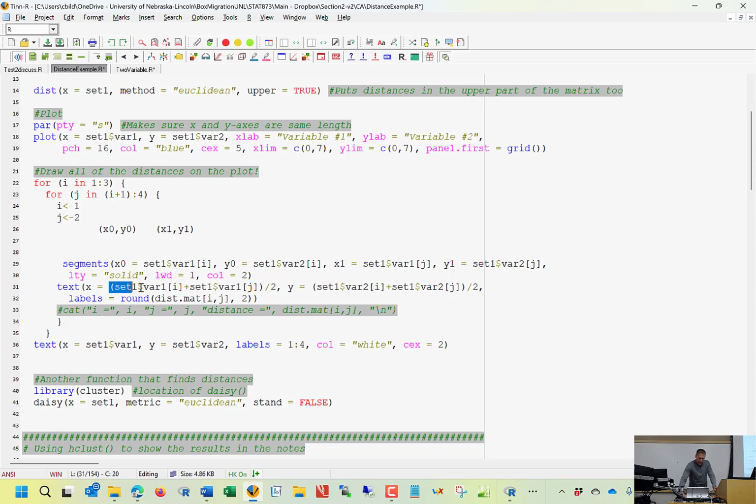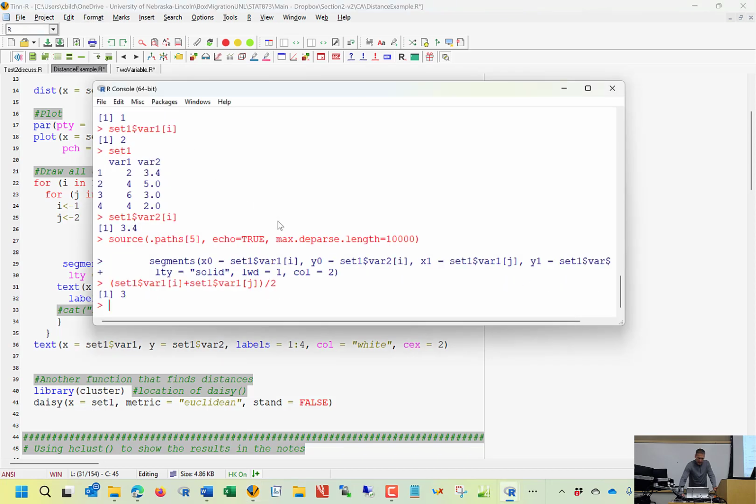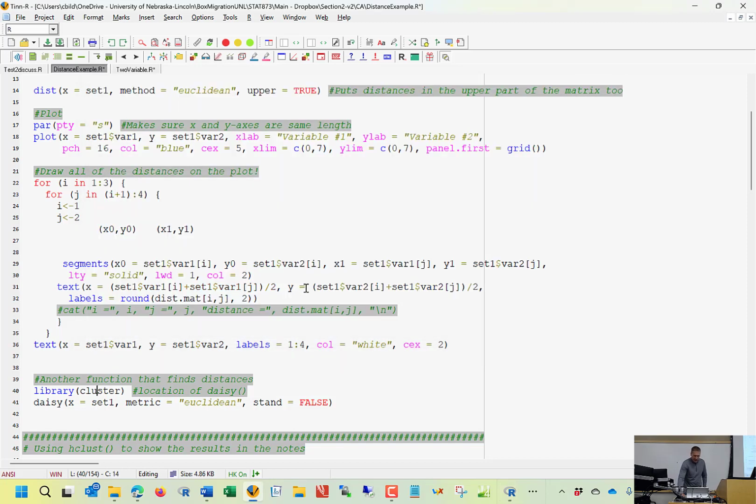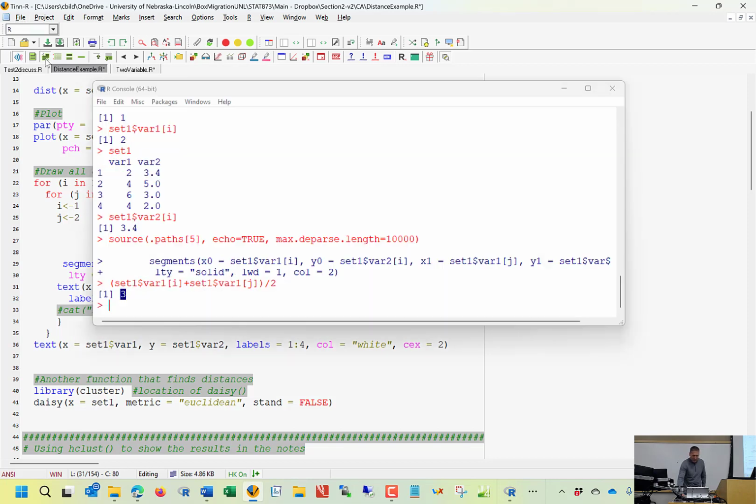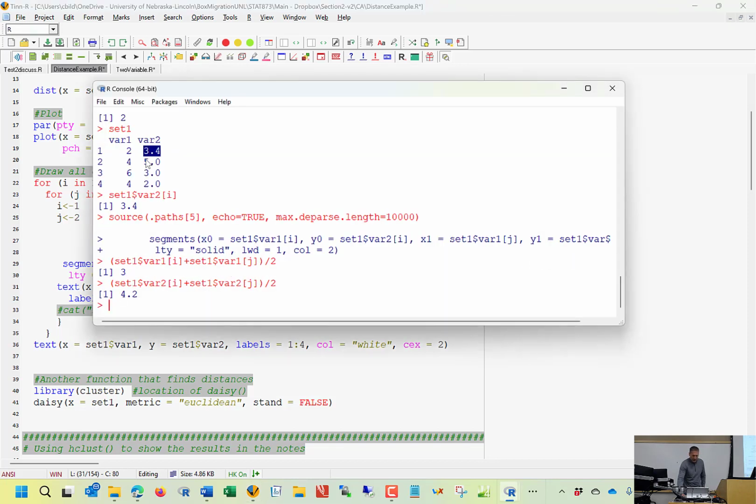Well, what I'm going to do is find the average between the value for variable 1 for observation 1 and the value for variable 1 for observation 2. That value is 3. That's going to be on my x-axis. My y-axis is going to be the average between 3.4 and 5.